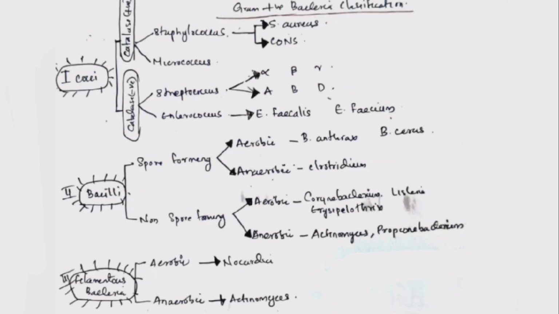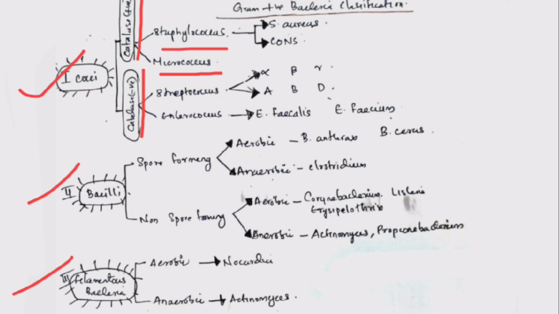Gram-positive bacteria are broadly classified into three groups: Cocci, Bacilli, and filamentous bacteria. Among the Cocci, they are further divided based on the catalase test into catalase positive and catalase negative. The catalase positive group includes Staphylococcus and Micrococcus.